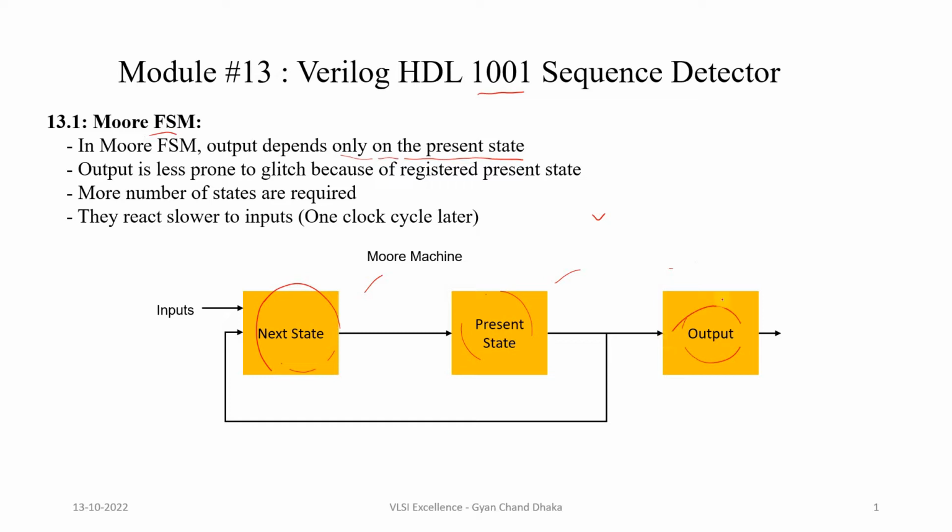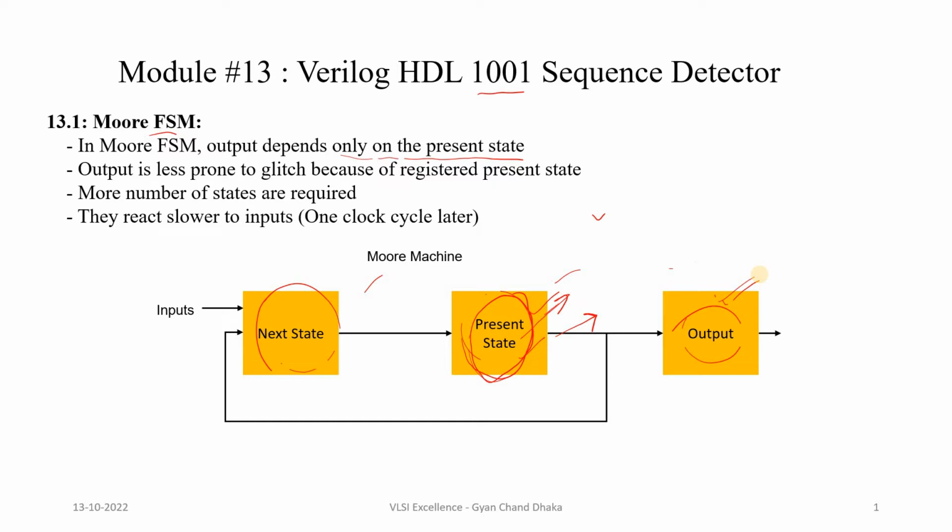In Moore FSM, the output directly depends on the present state, and the present state is basically a sequential circuit, or in other words, the present state can only change at the active edge of a clock. So this is a registered output coming out of the present state, and hence the output logic is going to be less prone to any kind of combinational glitch.